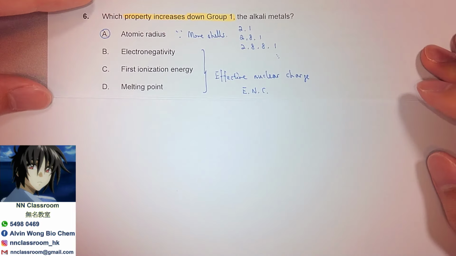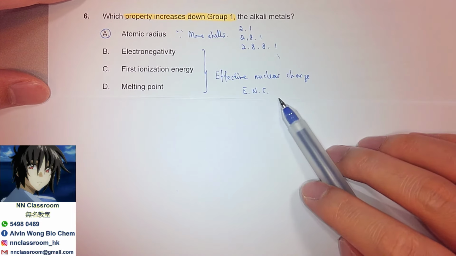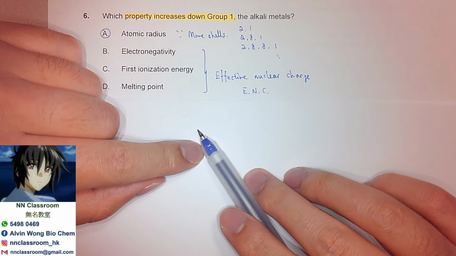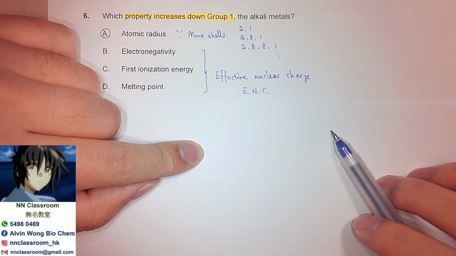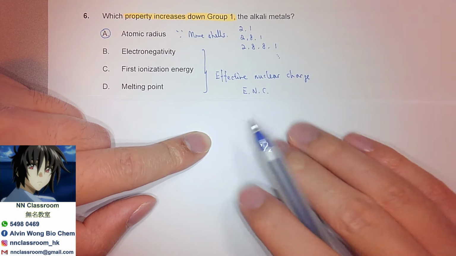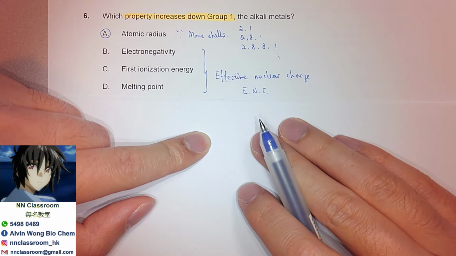Actually, what is effective nuclear charge? It is a concept related to the net attractive force from the nucleus to the outside electrons. Students can simply understand it as a pulling force after the reduction by the shielding effect of the inner shell electrons.